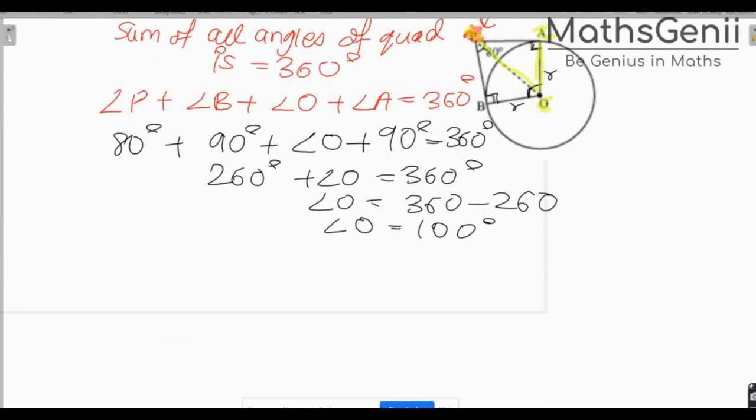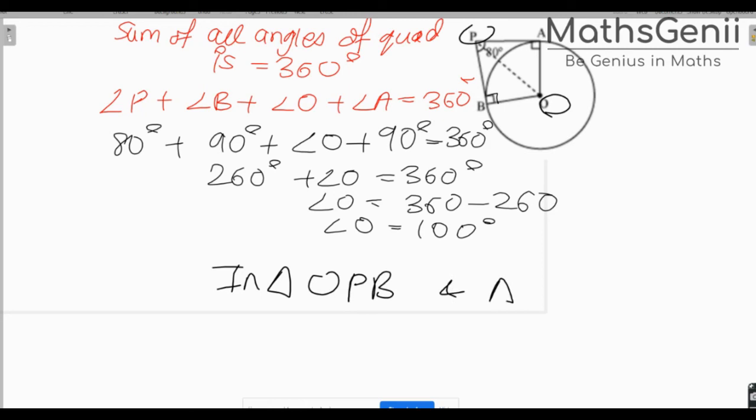Let's consider these two small triangles quickly. In triangle OPB and triangle OPA, AP is equal to PB because both are tangents drawn from the same external point.